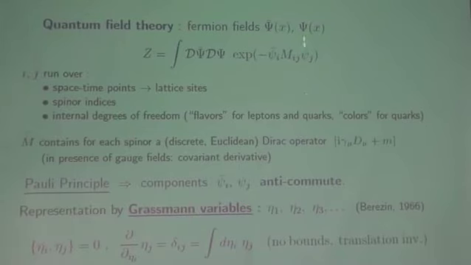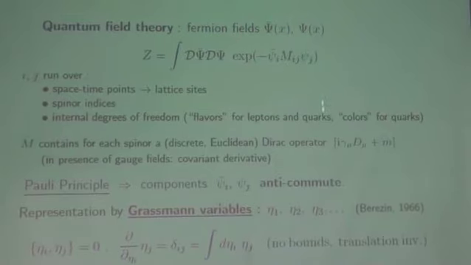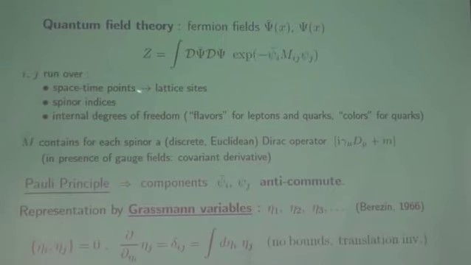So they run over all fermionic degrees of freedom. So this is usually a huge column vector, and M is then a huge matrix capturing them.